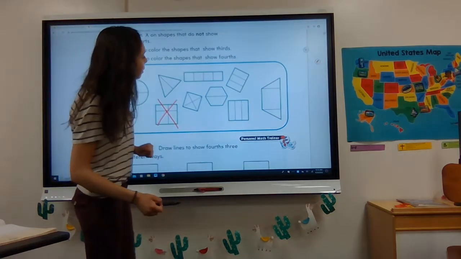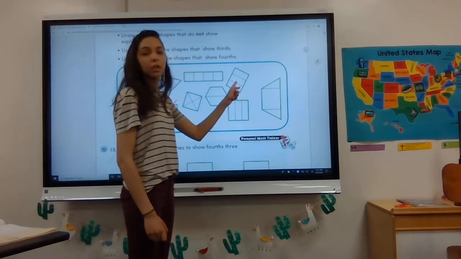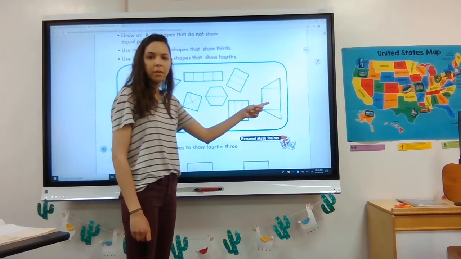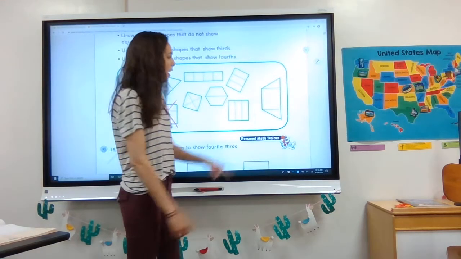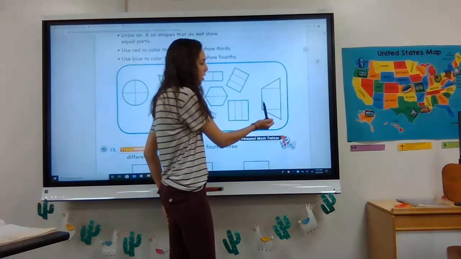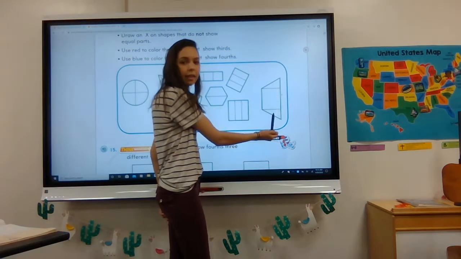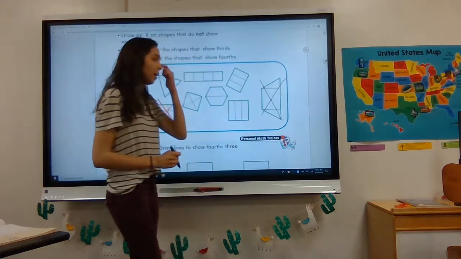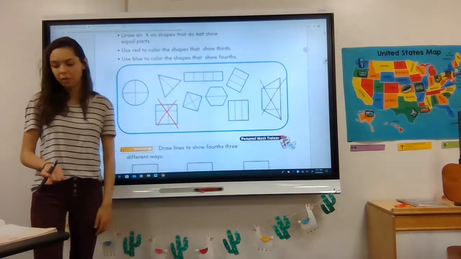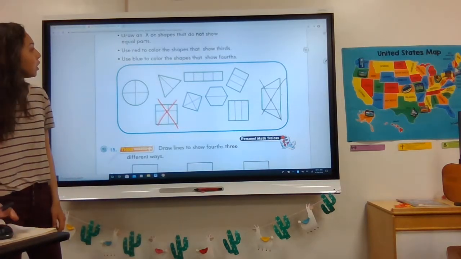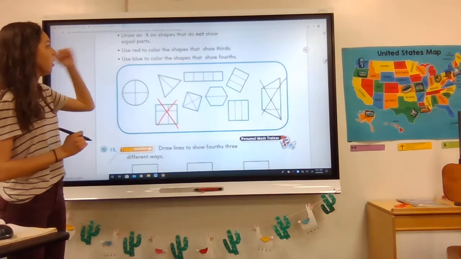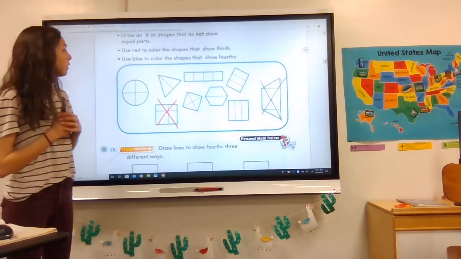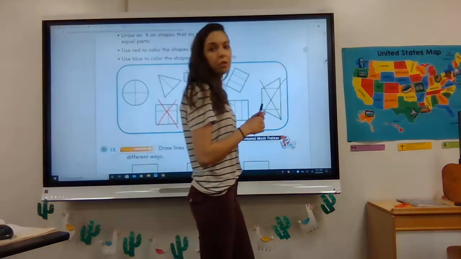This one, all my parts are equal. Here, they're all equal. Here, they're all equal. And then if I look at this one, clearly they do not look equal, right? I have this huge shape right here and then the tiny triangles. So I'm just going to cross that off. Alrighty. Now you're going to go back and do the second part. Use red to color the shapes that show thirds. So pause the video, go ahead and do that.